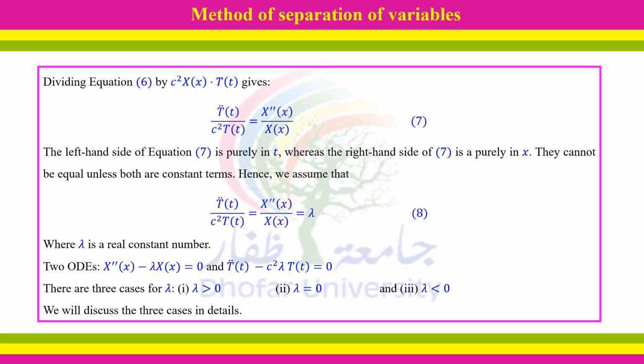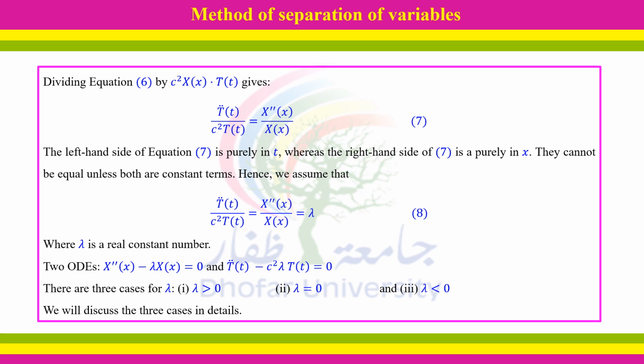Now if we take the second and the third terms here, we will obtain the ordinary differential equation x double prime of x minus lambda x of x equals 0. And if we consider the first term with the third term, we obtain another ordinary differential equation, t double dot minus c squared lambda t equals 0.